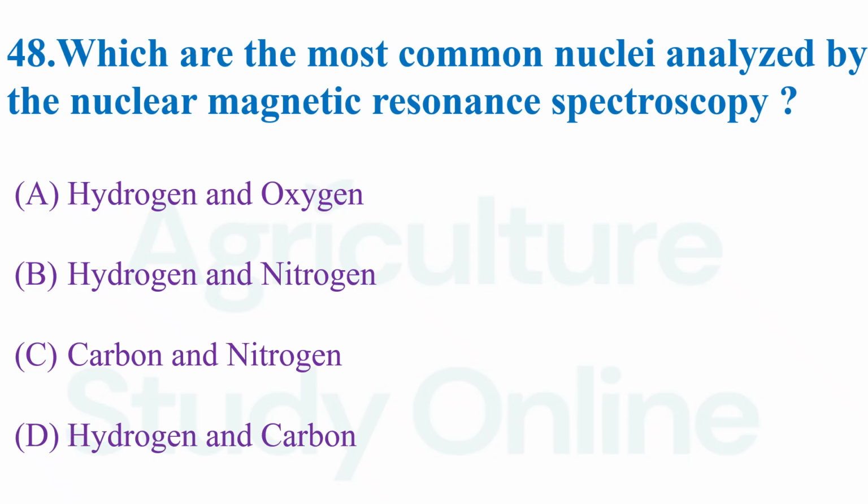Question number 48. Which are the most common nuclei which are analyzed by nuclear magnetic resonance spectroscopy? In NMR spectroscopy, the most commonly analyzed nuclei are proton, that is hydrogen NMR, and carbon NMR.